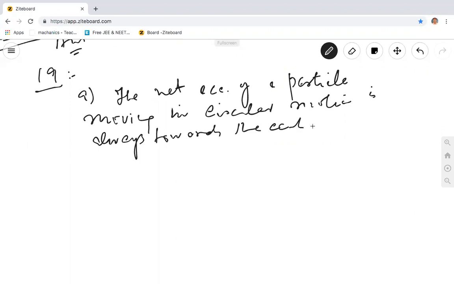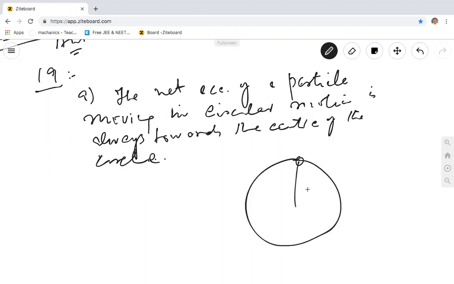Is it true? False. It should be false. Good. Now, I think that you understand. Because when a particle moves in a circle, there may be centripetal acceleration, but sometimes there may be tangential acceleration, right? And when you find the resultant of these two, the net acceleration may not be towards the center of the circle.